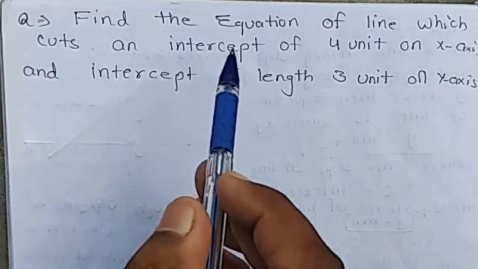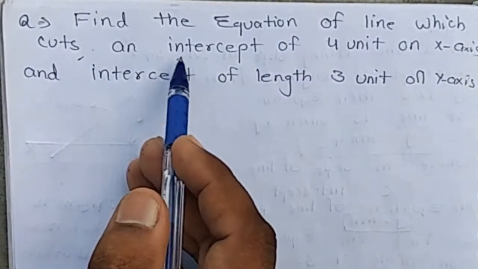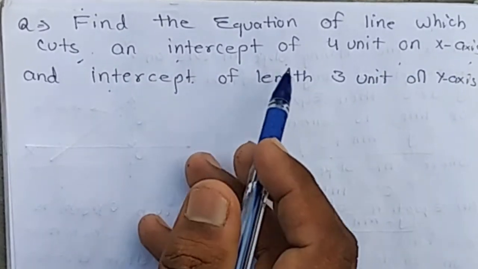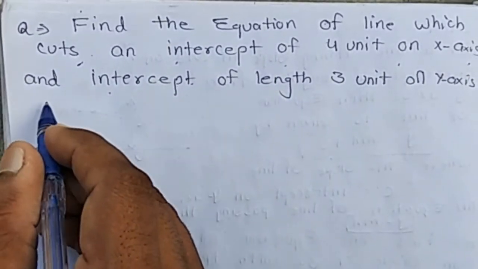Now the question is, find the equation of the line which cuts an intercept of 4 units on the x-axis and an intercept of length 3 units on the y-axis.